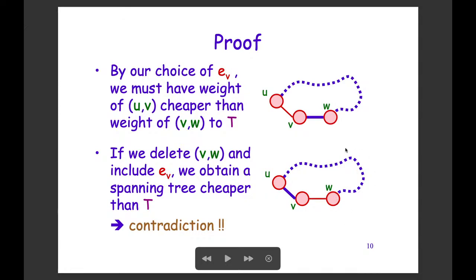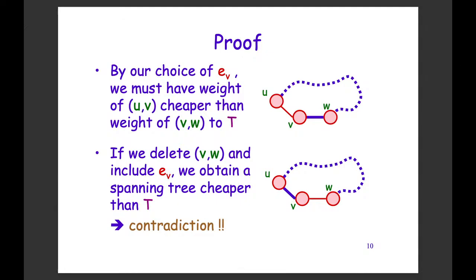It still goes along this way so that it is still connected. If it needs to use VW, then we will replace it by the edge starting from VU to whatever node that it wants to go. So in such a case, breaking the edge VW and replacing it by the edge UV will still keep the graph connected.